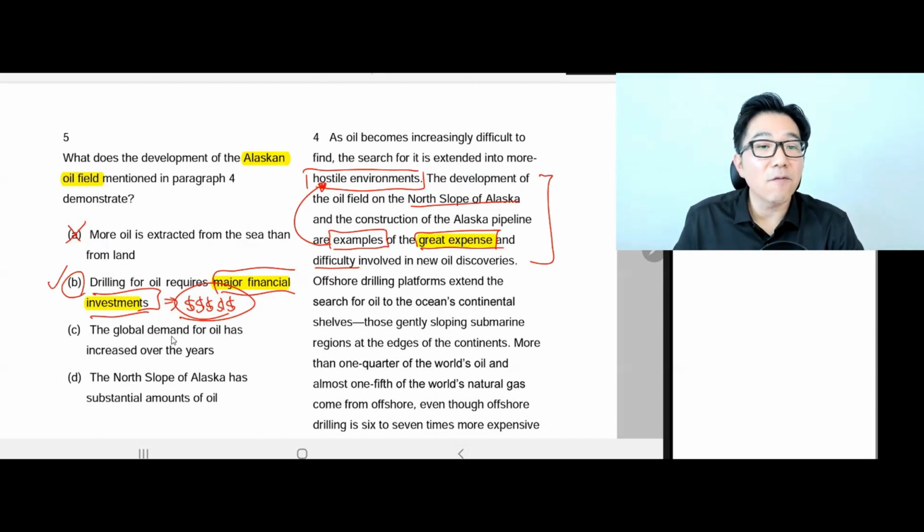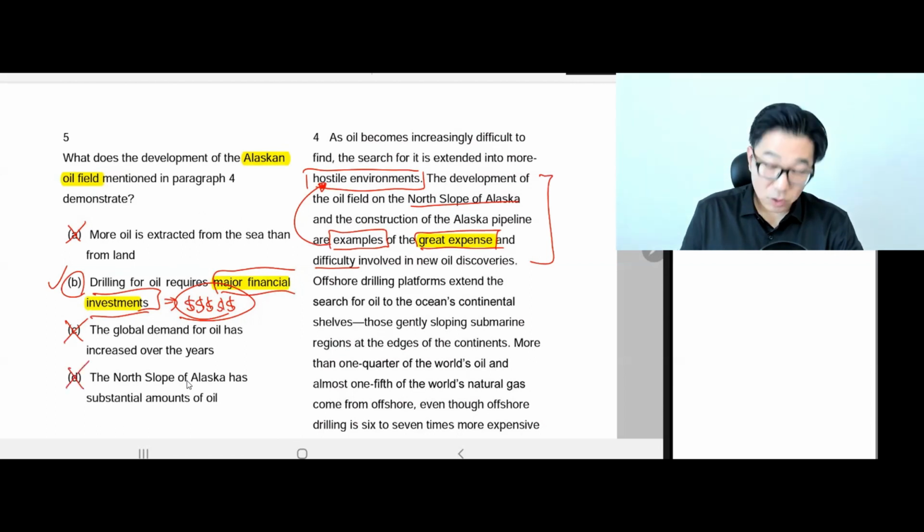C, the global demand for oil has increased over the years. You know, you look at the paper, or if you're really smart, you may know, but this is not an imagination test. This is not a background knowledge test. It's an English test. So this part is certainly not mentioned at all. D, the north slope of Alaska has a substantial amount. Let's see. Okay, could be.